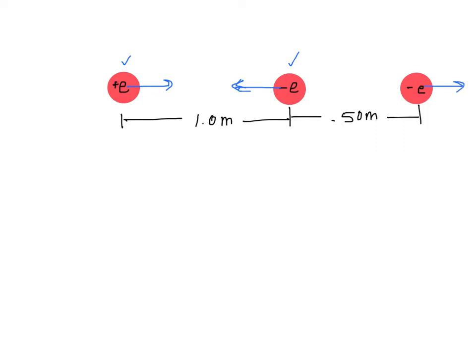So this one and this one are going to interact with a force like that. So to find the net force on any one of these, you would figure out the electrical force between each pair individually.